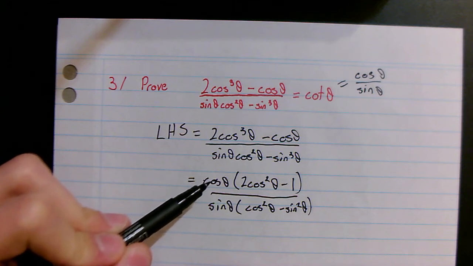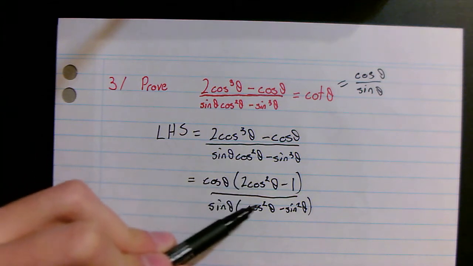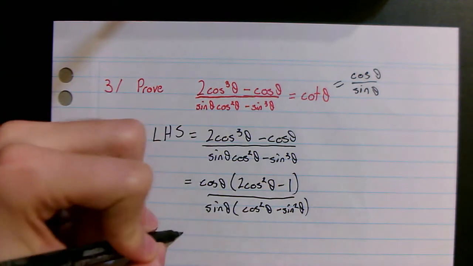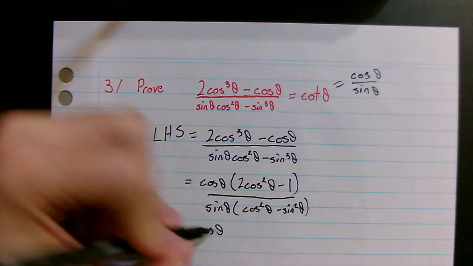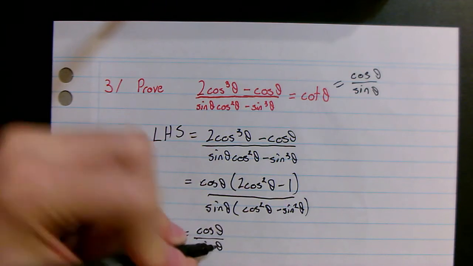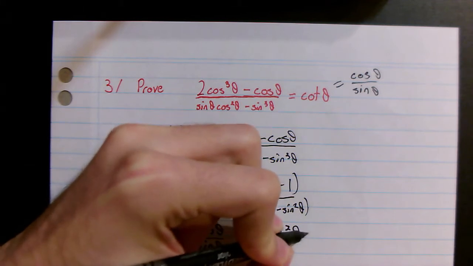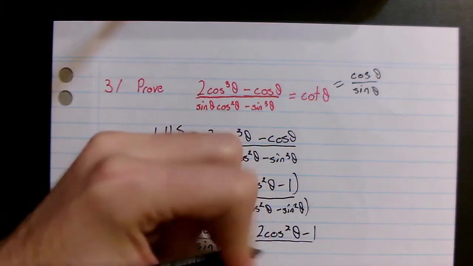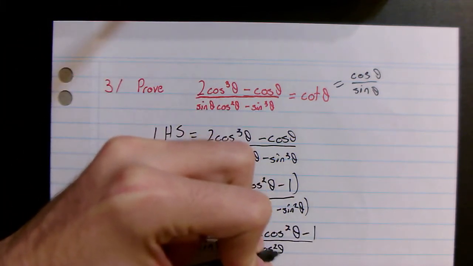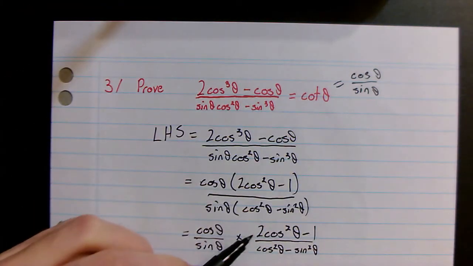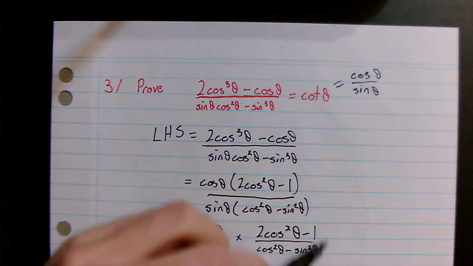Because essentially cos theta over sine theta times 1 will get me that cot theta that I need. So what I'm going to do is just separate the fraction. Now hopefully I've found my goal, and my goal is to make this fraction over here 1.